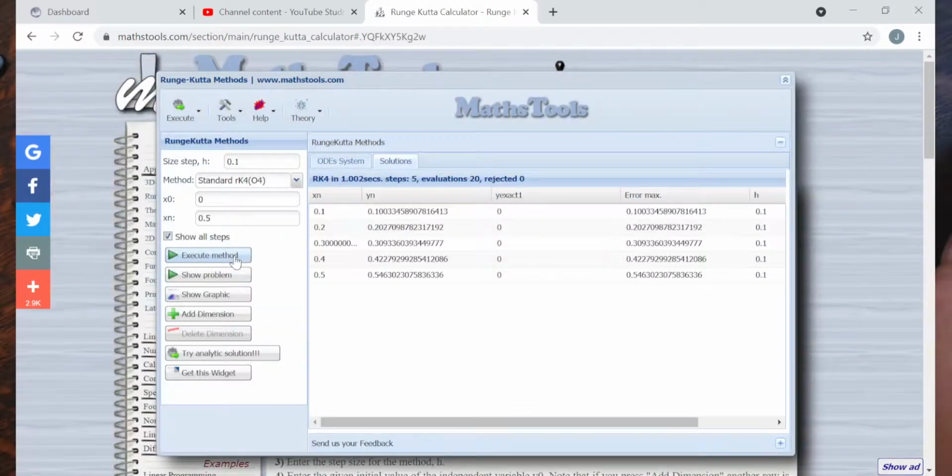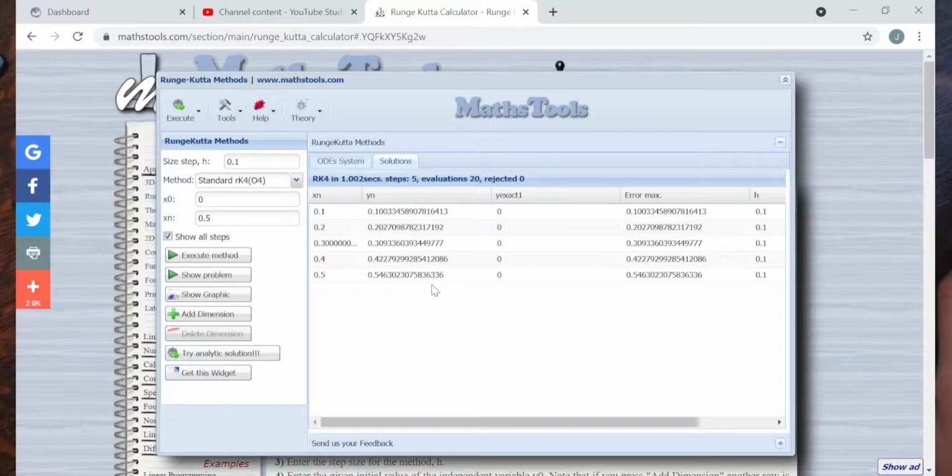It performs the calculations here, and so again, 0.1, 0.2, 0.3, 0.4, 0.5. The value of the solution at 0.5 is approximately this number here. And I'll write this down.